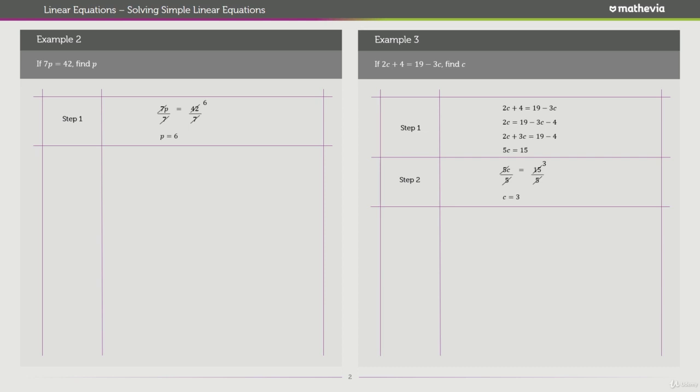Like we had minus 3c, when we moved it over to the left, it became plus 3c. And then once you've done that, you should end up with a simple equation, something like 5c equals 15. From that point on, you just divide both sides to get your final answer, c equals 3. Okay, I think we have a few more examples.